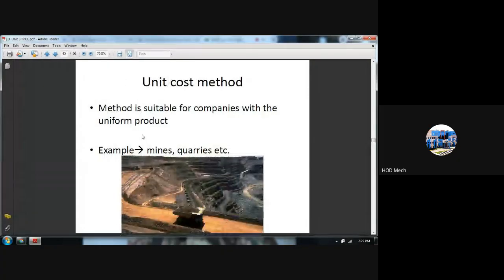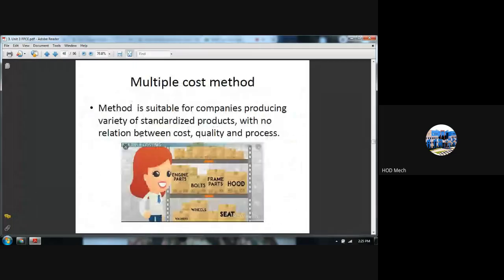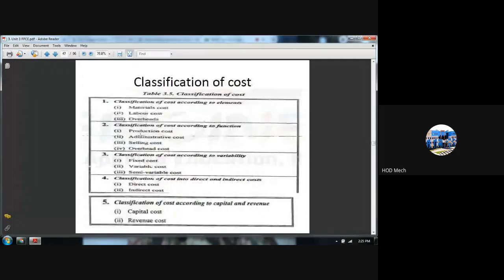Now, when we come to classification of cost, this is the most important 16-mark question for you. You should know how the different classifications are made based on cost, and under what term each is classified. Based on this understanding only, you are going to solve the problems.